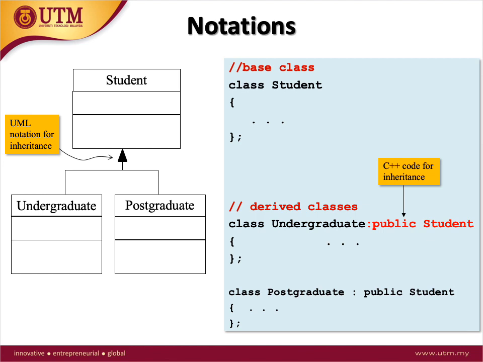There is the access specifier here, public, and then the base class, which in this scenario is Student. This is how you implement the inheritance relationship in code. It is the same with the other derived class: a colon, the access specifier, and the base class.